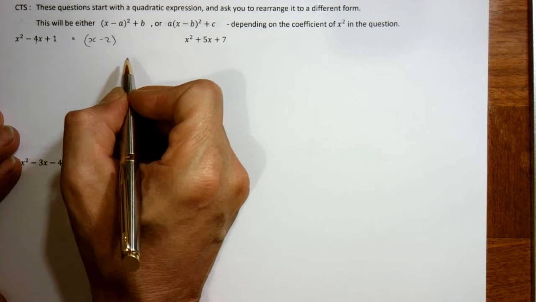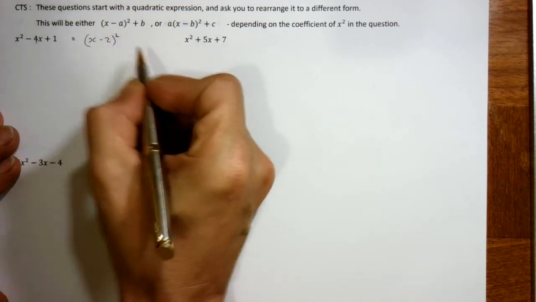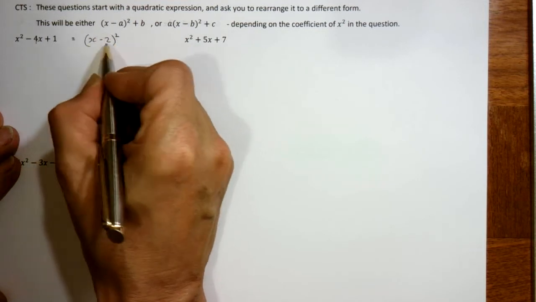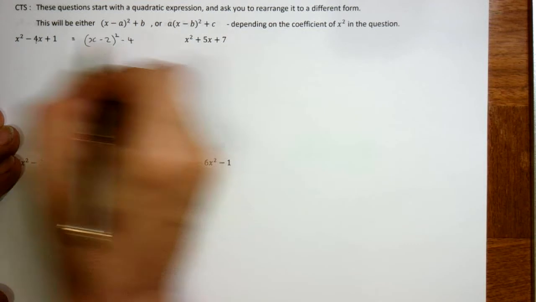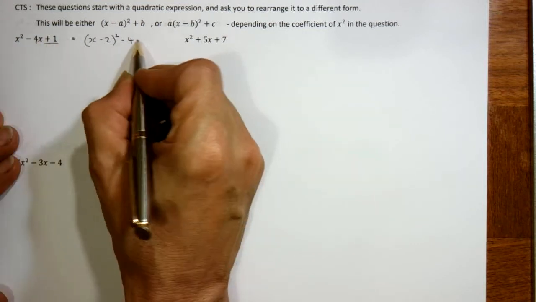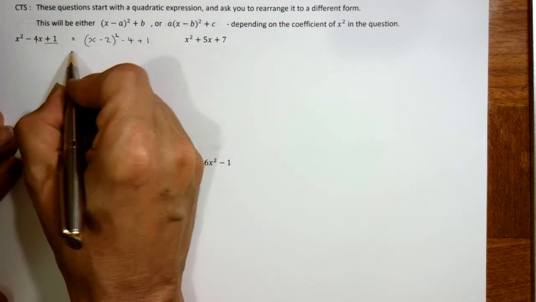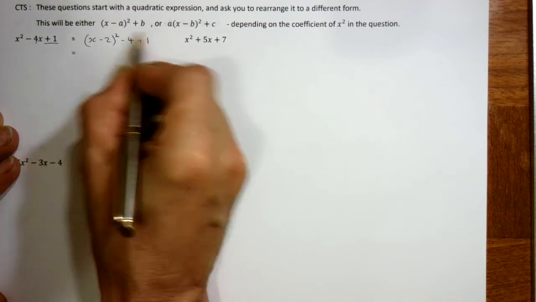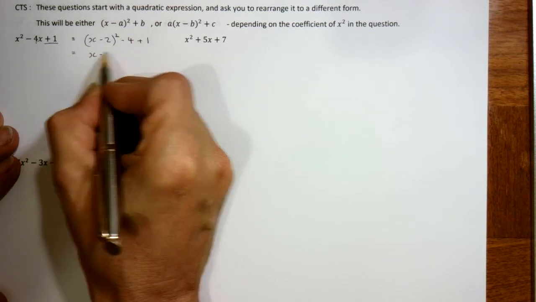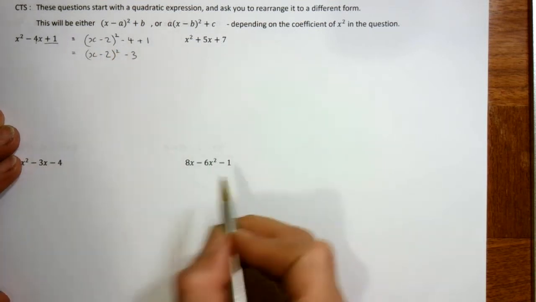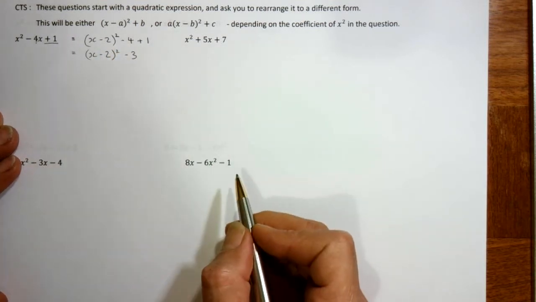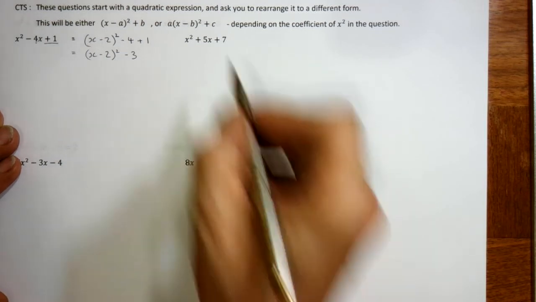It's really hard. Square the bracket, it's getting even harder. Square this number, which is 4, and take it away outside the bracket. And then the other bit, just copy it down. And then the next line, just simplify those two bits that you just did. So we get (x minus 2) all squared, take away 3. Hard? Don't think so.